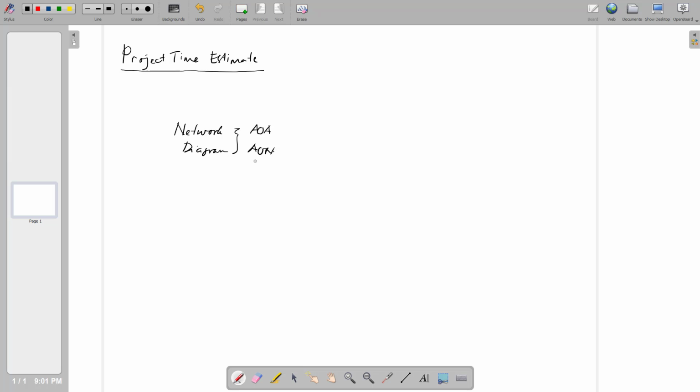At the present time, the most popular one is the AON. This also overlaps with what people call the precedence diagram method, the PDM. So when people are talking about precedence diagram method, most likely they are talking about AON, not the AOA one.